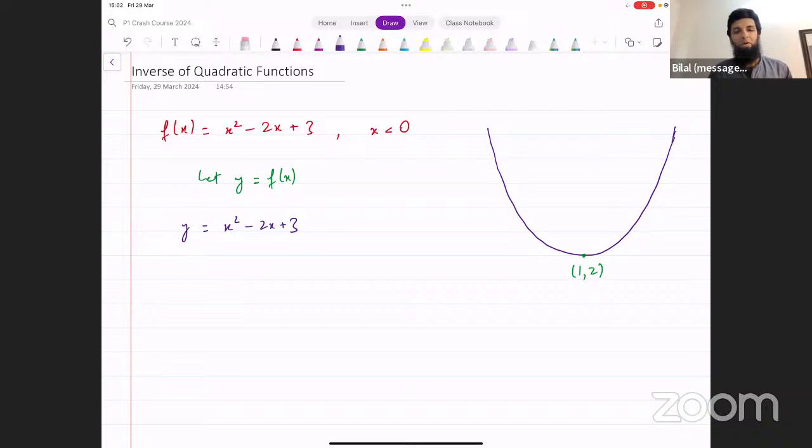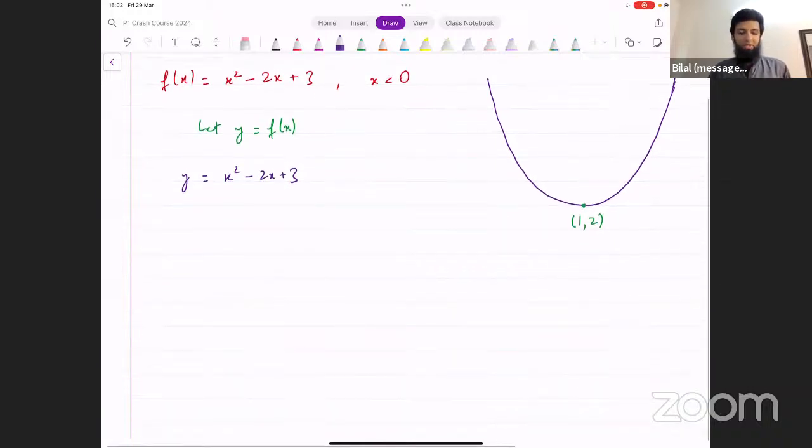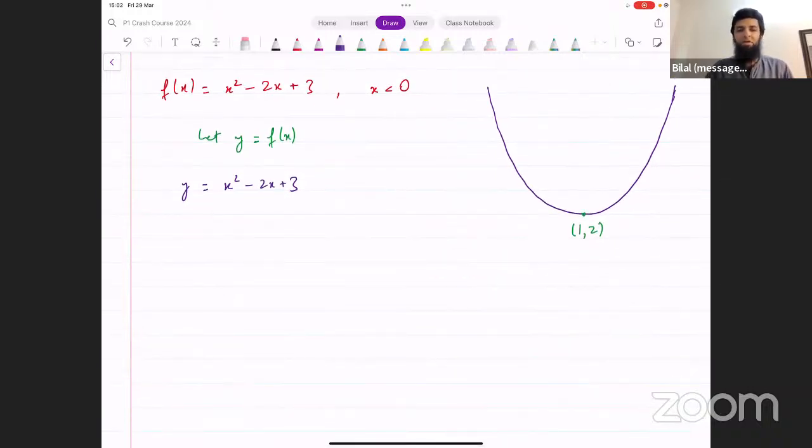And now the problem is we want to make x the subject, right? That's how you find the inverse of a function. You put y equal to f of x, then you make x the subject. But how do you make x the subject here? You have x squared minus 2x plus 3. Can you try making this a subject?